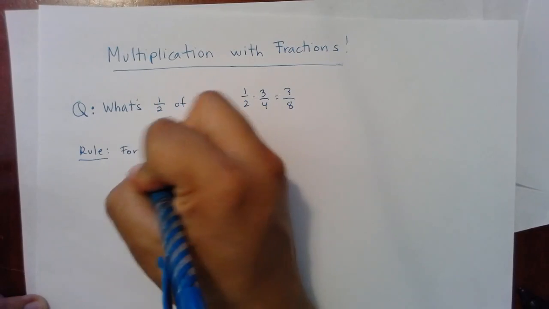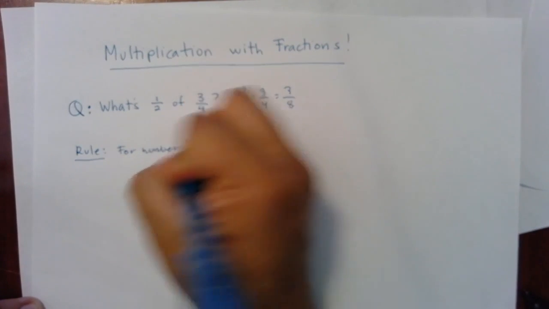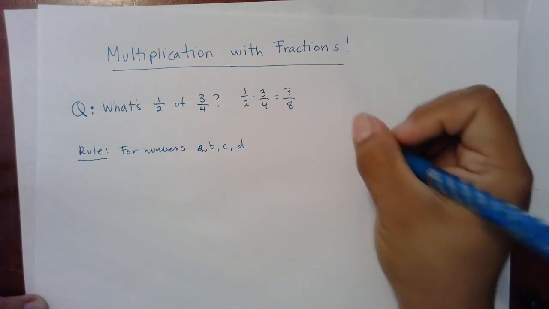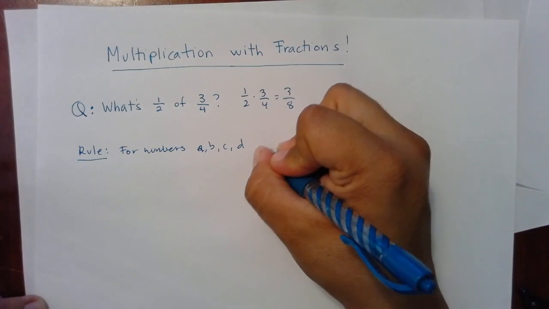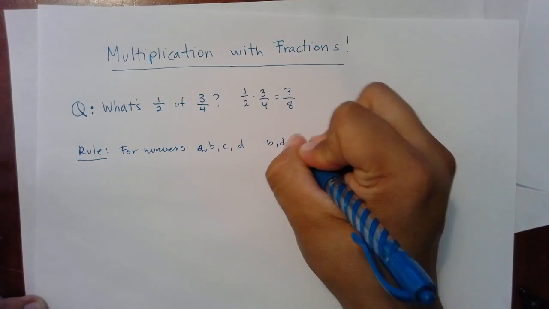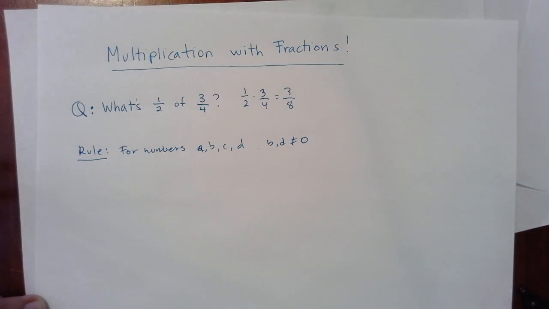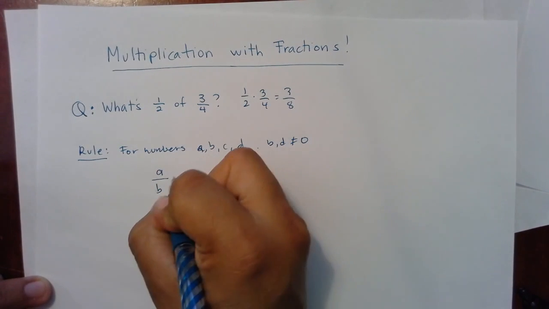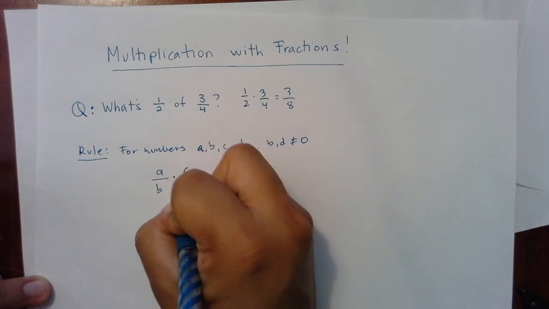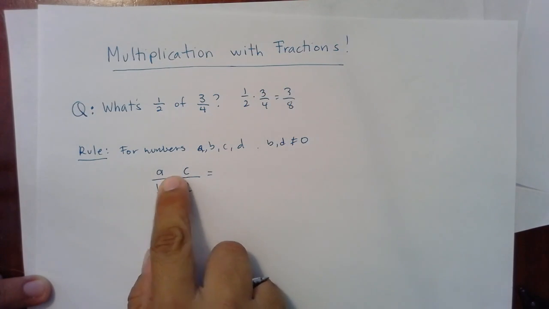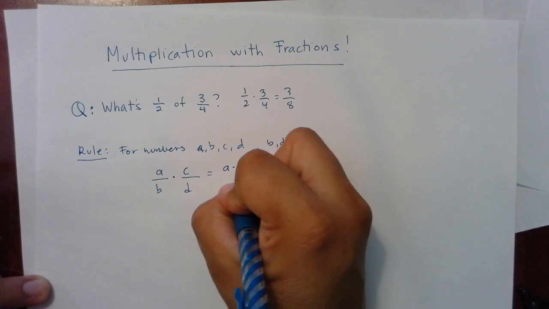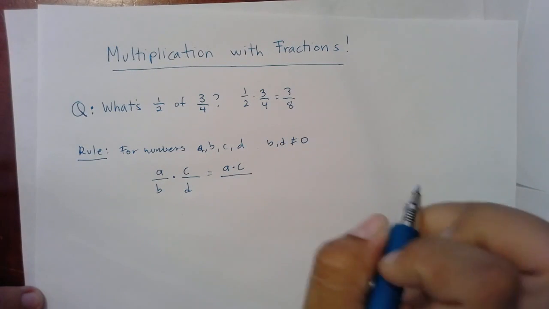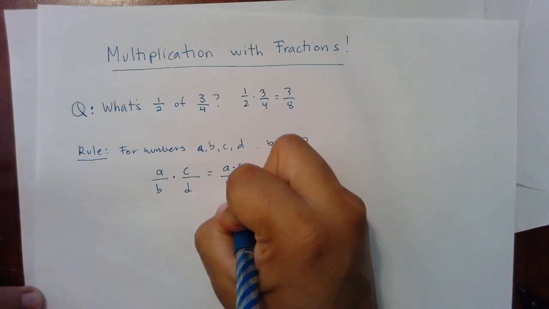For any numbers A, B, C, and D, where B and D are not equal to 0, if you take two fractions, two rational numbers, and you multiply them together, we multiply across the top, the numerators, and we multiply across the bottom, in other words, we multiply the two denominators together.